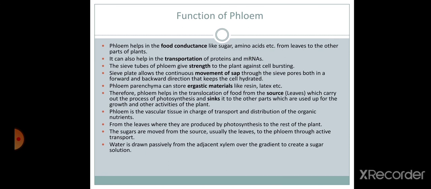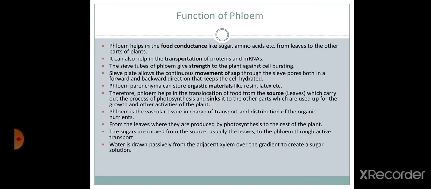They help in the translocation of the food materials. They also help in conducting the food materials. They help in pressure gradients; they maintain the pressure gradient of the cells in the sieve tubes. The main function is to conduct the food in the plants.